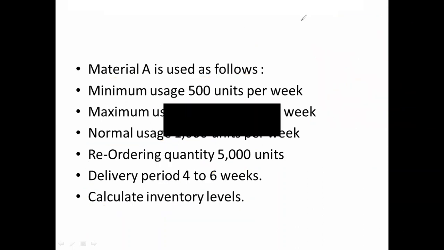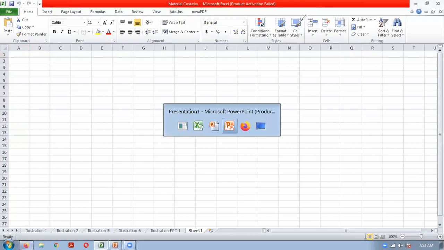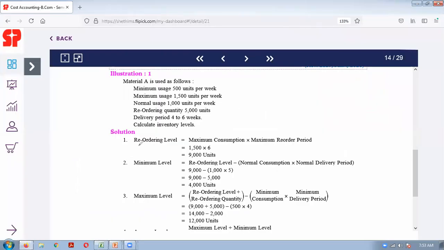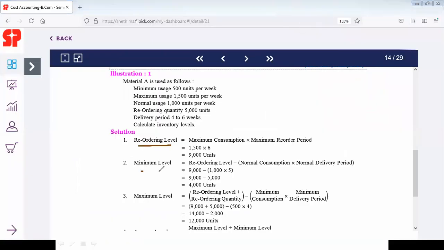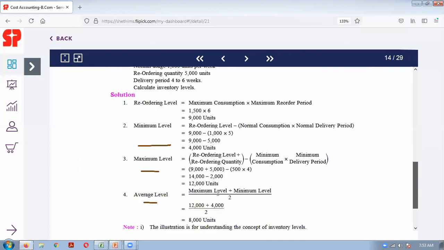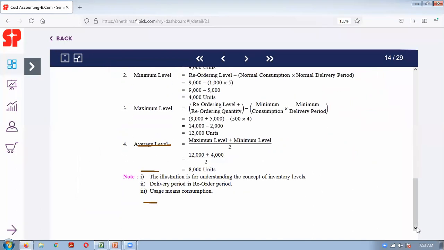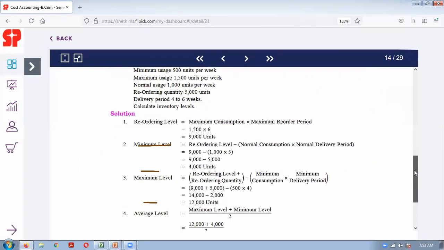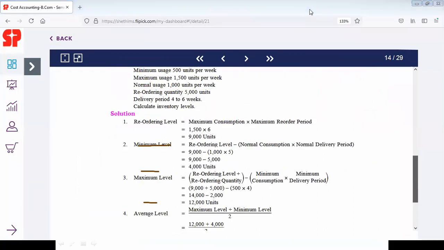So let us begin. What all levels do we have to calculate? Reorder level, minimum level, maximum level, then average level also. So how will we calculate? Let us understand that.